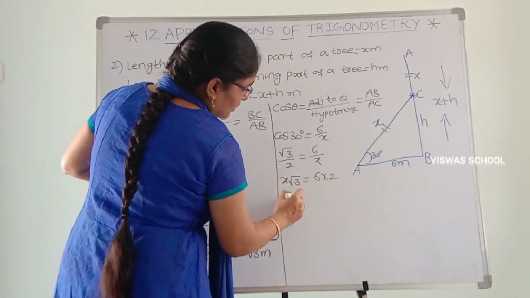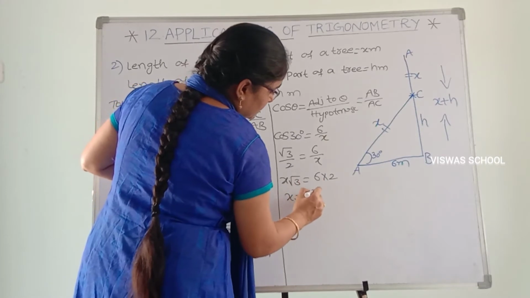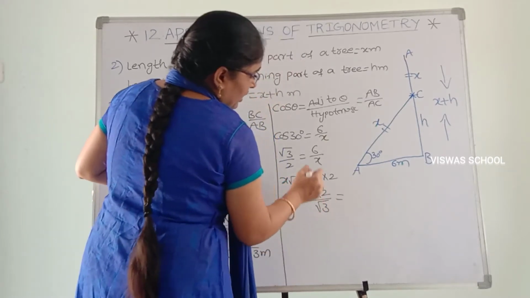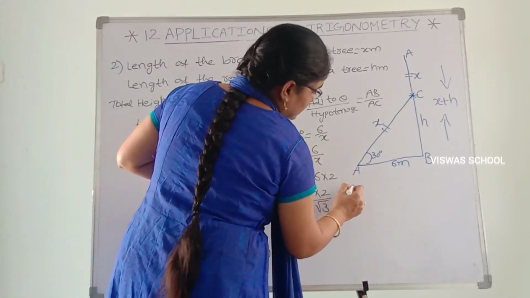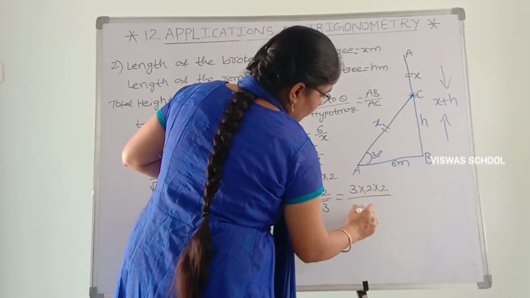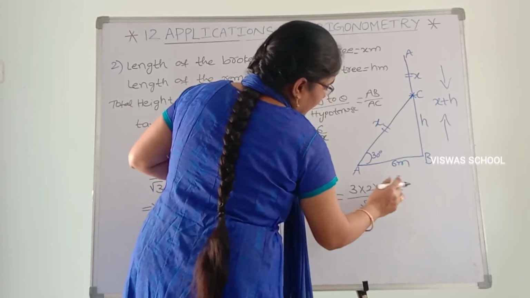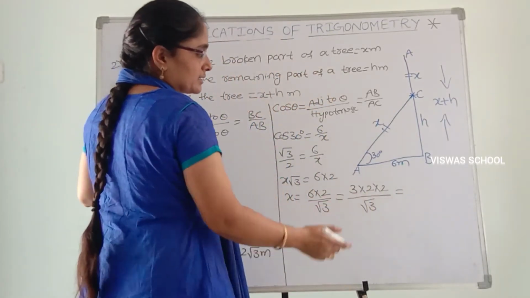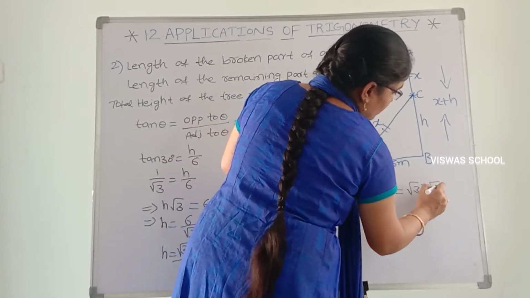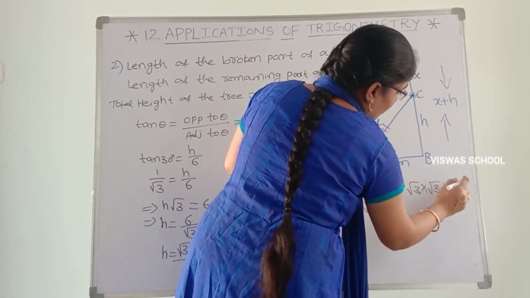Now x is equal to 6 into 2 by root 3. And this 6 I am writing as 3 into 2 into 2 by root 3. And again this 3 I am writing as root 3 into root 3, without changing the original value of 3.